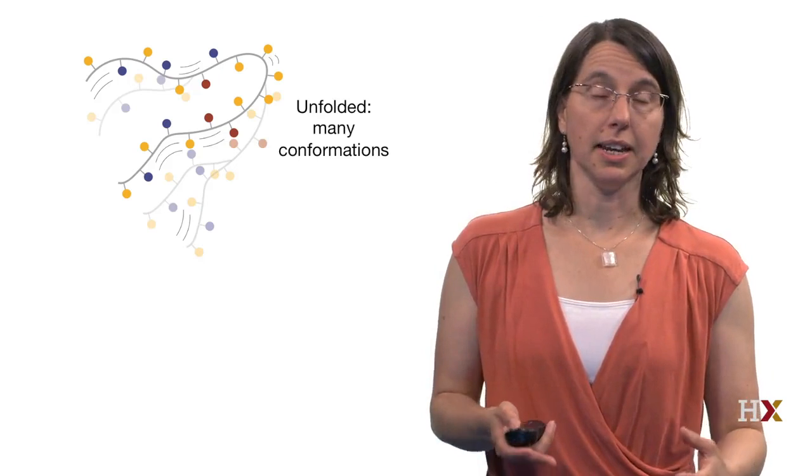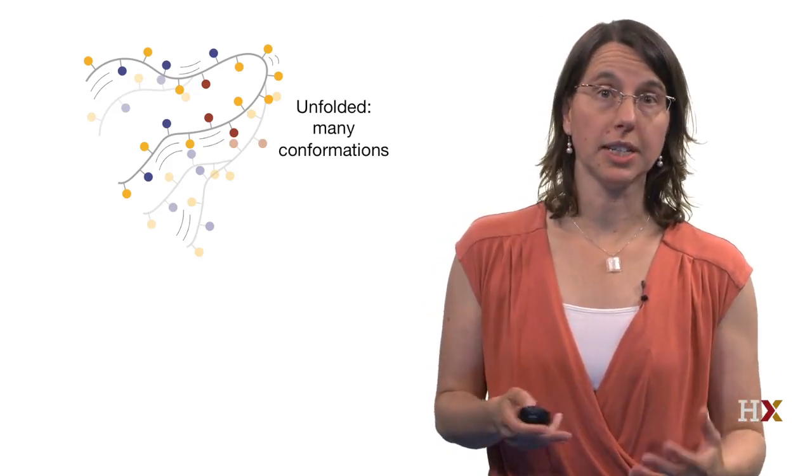Let's consider the forces that dictate how proteins fold. And so now I've gone to a schematic diagram that illustrates an unfolded protein, with all the little colored spheres as the side chains of the amino acids. When the protein is unfolded like this, it will have many, many different conformations that it can take, and these conformations can interchange.